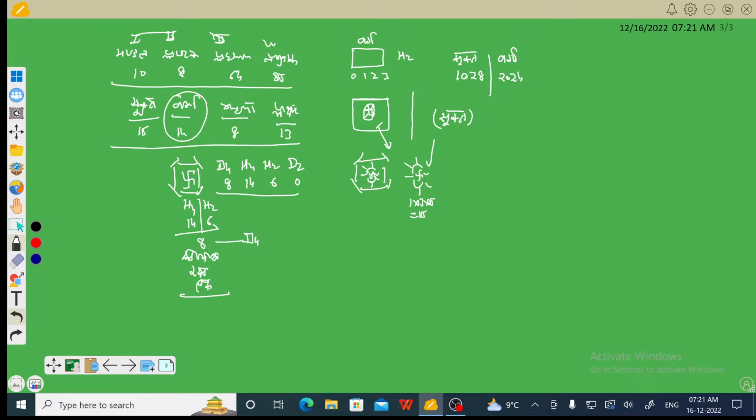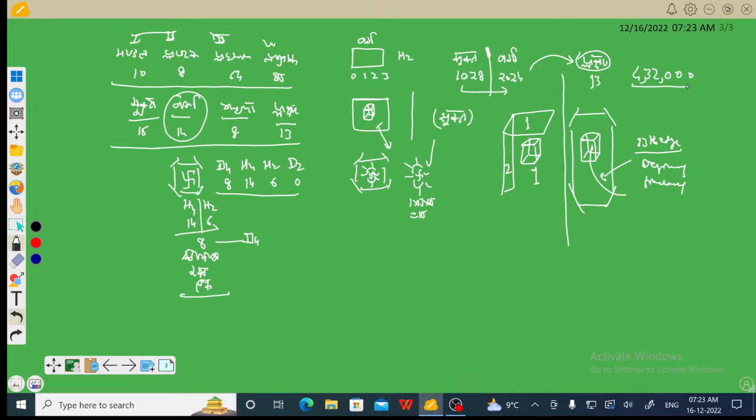These aksharas are 4,32,000 in number. This much number of aksharas are there. So this motion, so solids are a single solid in a dynamic state is of 4,32,000 steps.